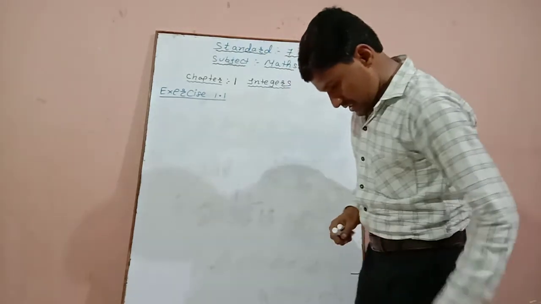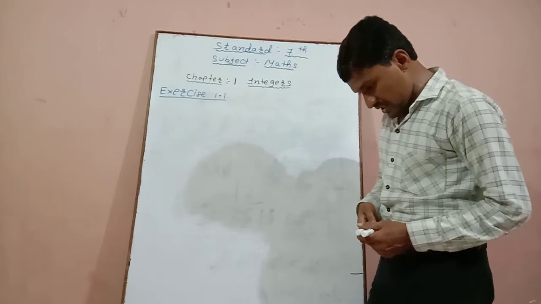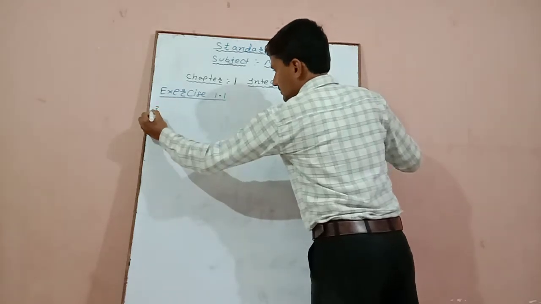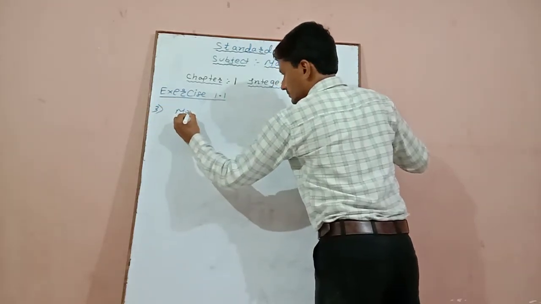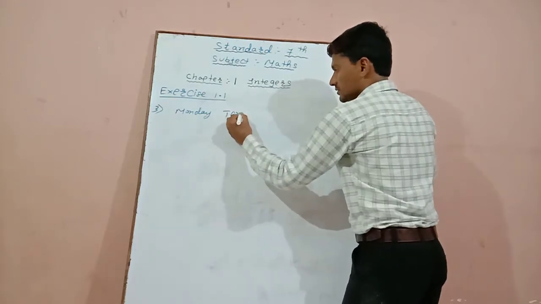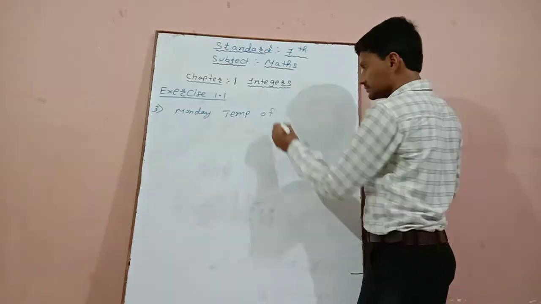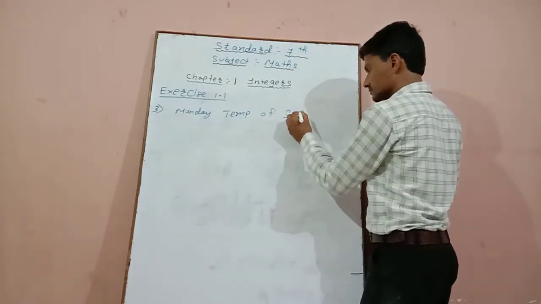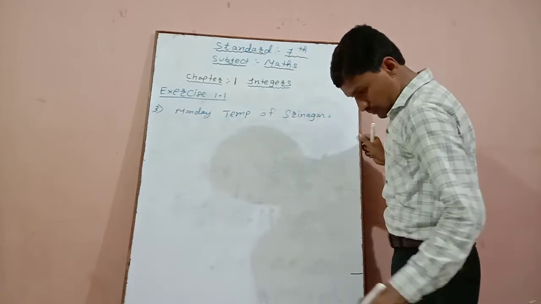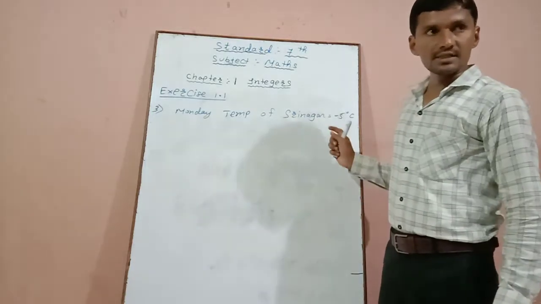The third question is: at Srinagar, the temperature was -5 degrees on Monday. Monday's temperature of Srinagar is equal to minus 5 degree Celsius.